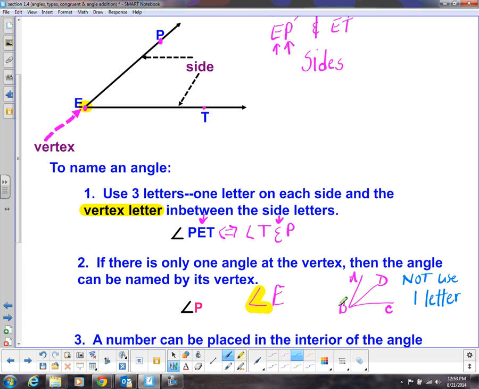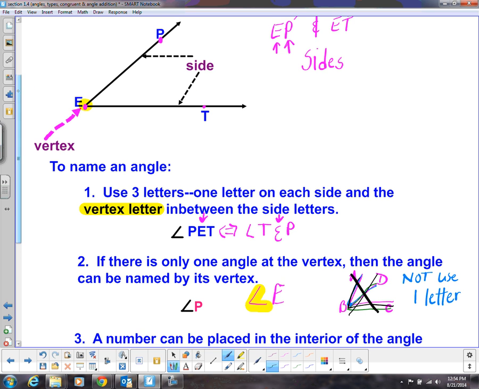If you try to talk about angle B, the question is, are you talking about angle ABD? Or are you talking about angle DBC? Or are you talking about angle ABC? You see, there are 3 angles at this one vertex. You cannot use a single letter. It's only when the angle's all by itself that you can use its vertex.